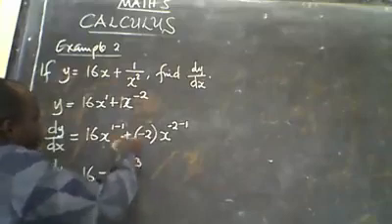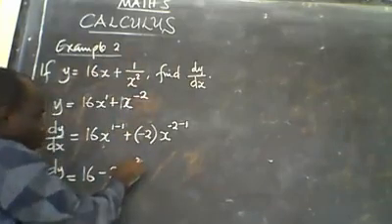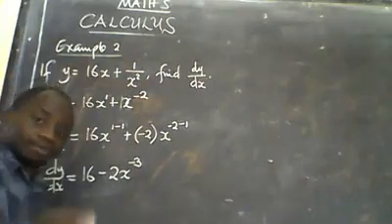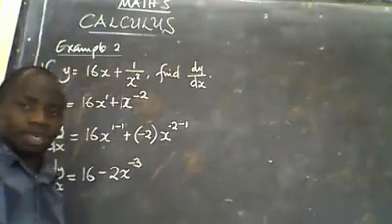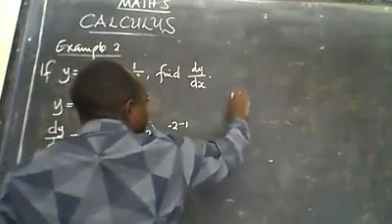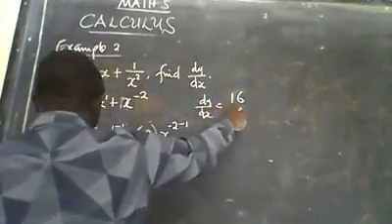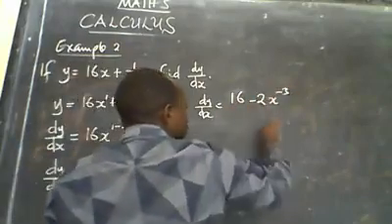Now taking it back to the form in which it was, that requires me to change the negative power to a fraction. The laws of indices, it's just a matter of playing around with them. So now what I have is dy dx is equal to 16 minus 2 x to the power negative 3.